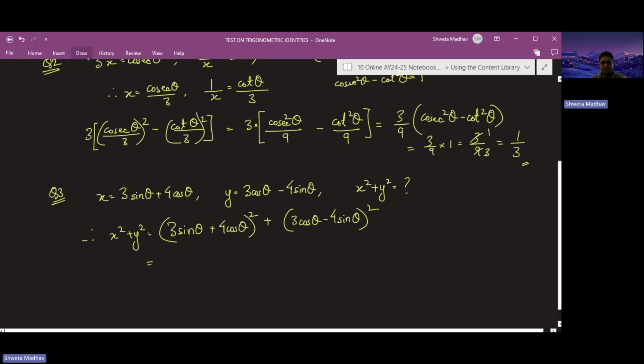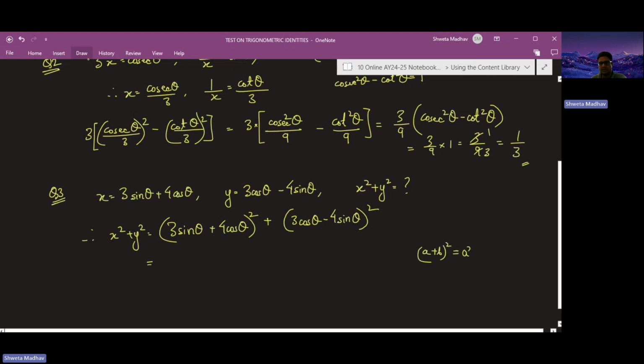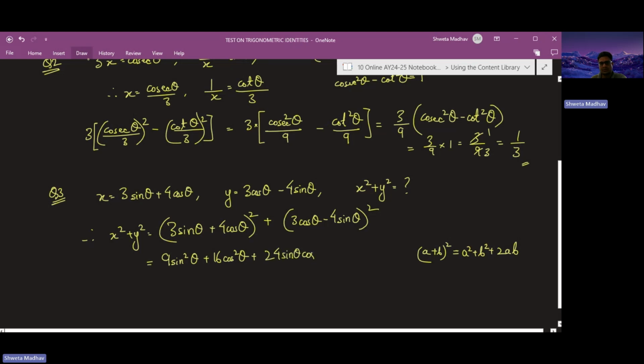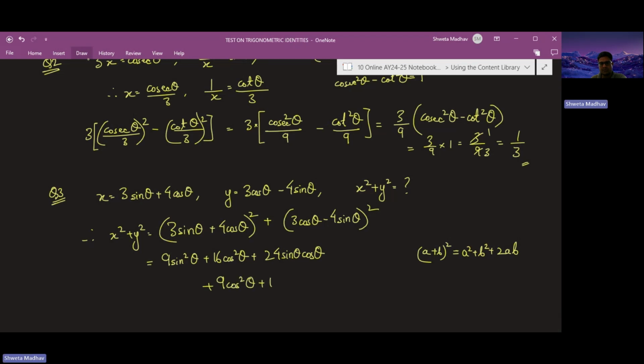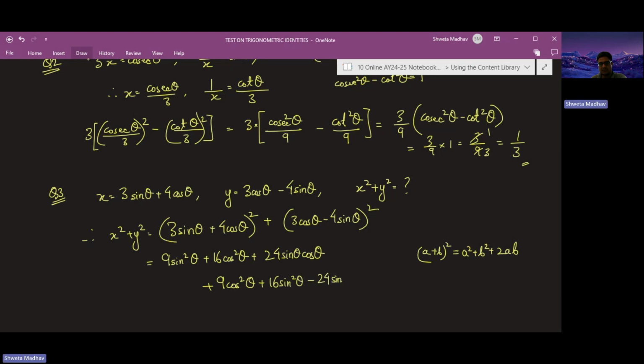So this will be equal to, now we know that (a plus b) whole square is a square plus b square plus 2ab. (a minus b) whole square is a square plus b square minus 2ab. So this will be 9 sine square theta plus 16 cos square theta plus, this is 12 into 2, that is 24 sine theta cos theta, plus 9 cos square theta plus 16 sine square theta minus 24 sine theta cos theta.